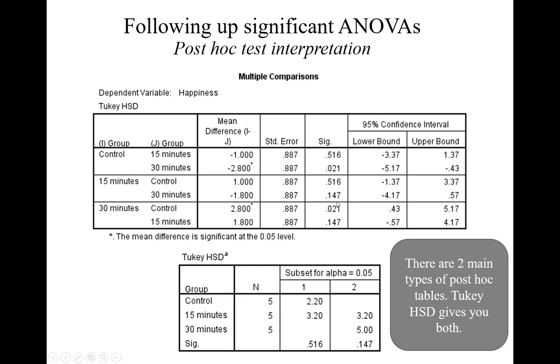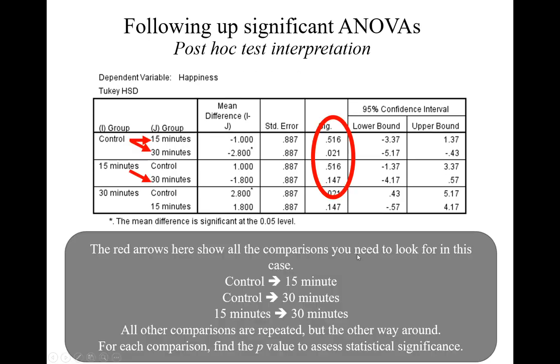There are two main types of tables that you get in a post-hoc test output. Mainly you'll get this top table, but for some of the tests you'll get this bottom one. Tukey actually gives you both types of output. So how do you interpret what's going on here? These red arrows will show us all we really care about.